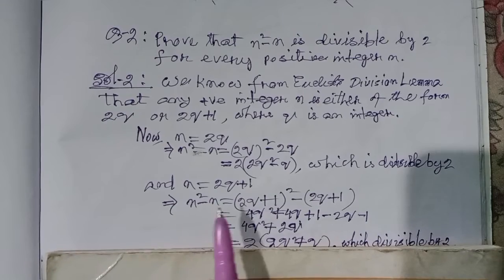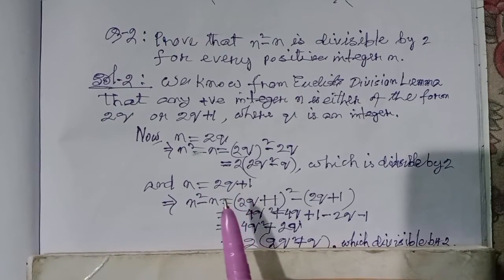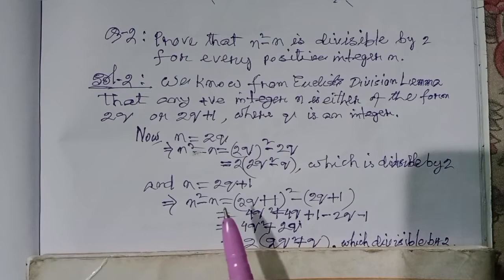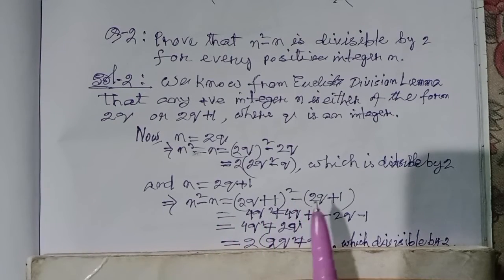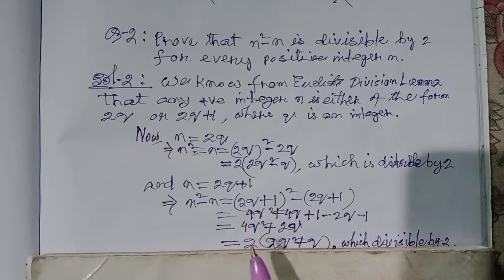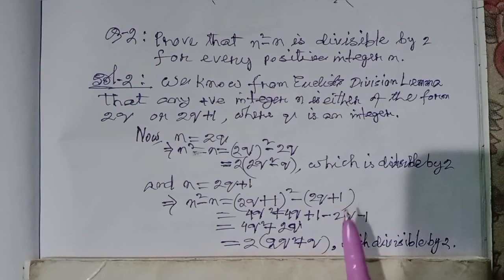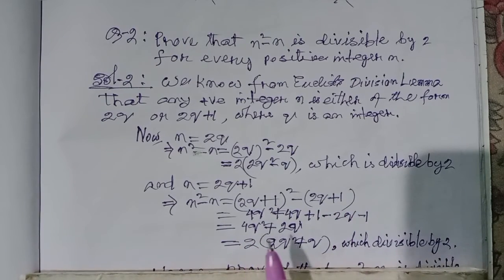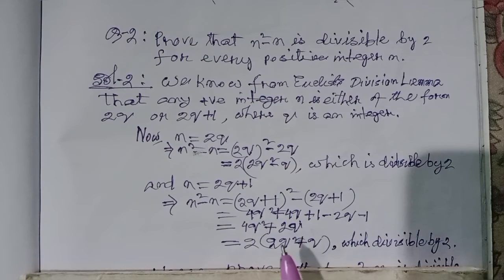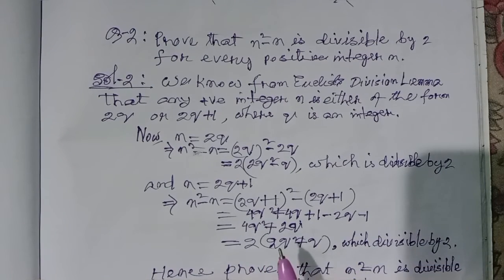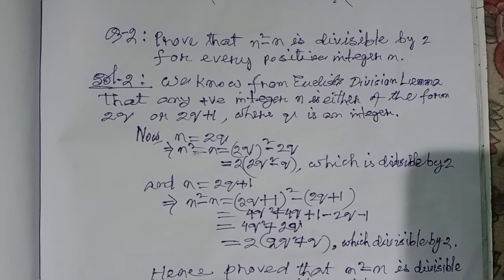Likewise, n is equal to 2q plus 1 implies n square minus n is equal to 2q plus 1 whole square minus 2q plus 1 equal to 4q square plus 4q plus 1 minus 2q minus 1 equal to 4q square plus 2q equal to 2 into 2q square plus q, where 2q square plus q is again an integer, and here it is multiplied by 2, so it is divisible by 2.